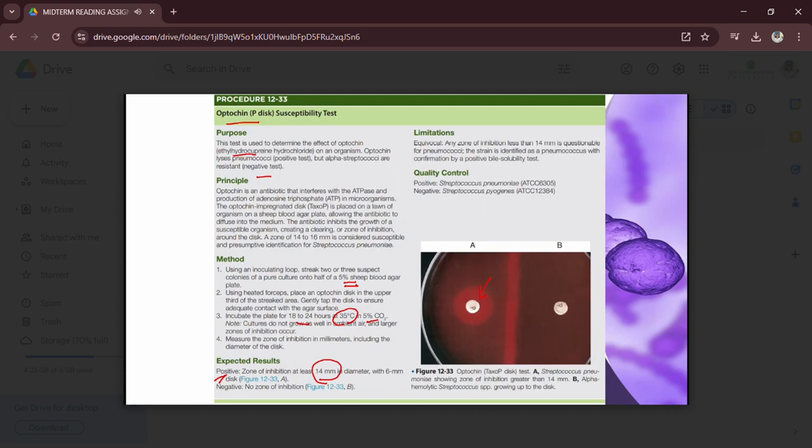Negative would be meaning walang zone of inhibition. Now, take note that pneumococci, they are sensitive and viridans natin, they are resistant sa ating optochin disc.